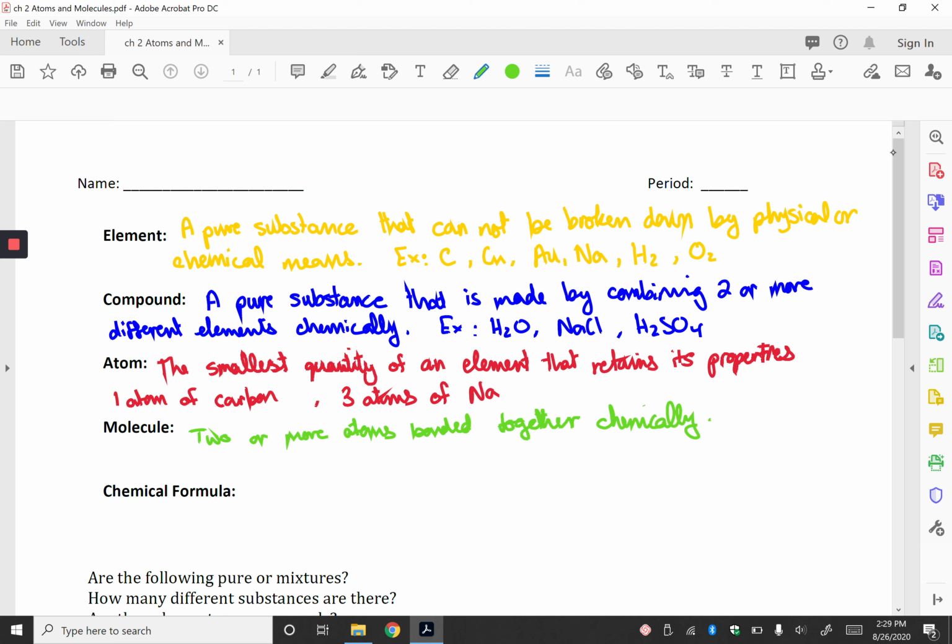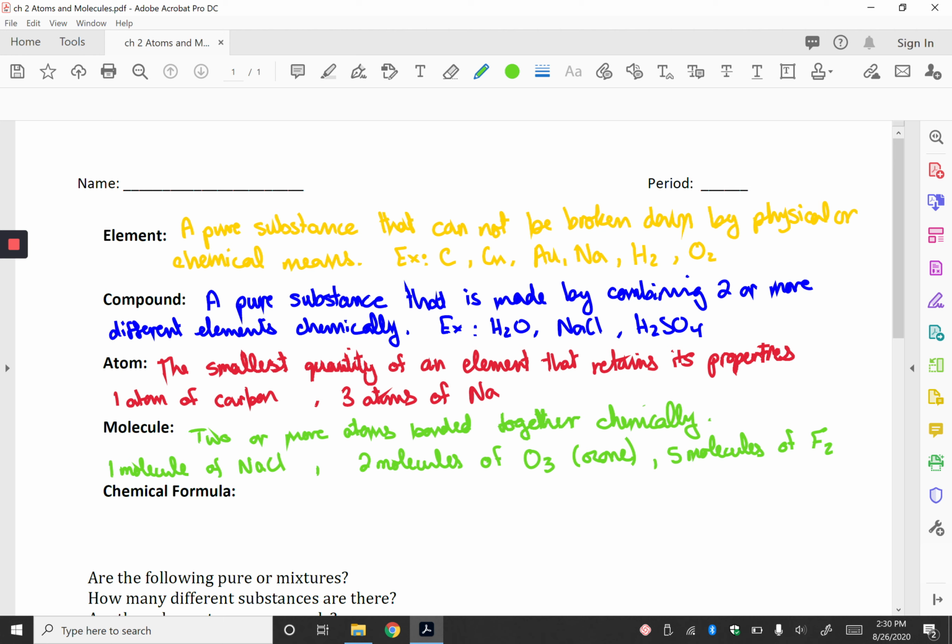For example, I can have 1 molecule of NaCl. Or I can have maybe 2 molecules of O3, which is ozone, or 5 molecules of fluorine, F2. So they can be different elements, or they could be the same element, just 2 or more atoms bonded together to make a molecule.